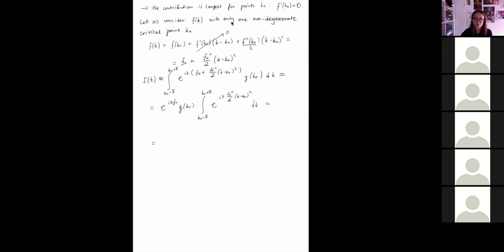extend the limits of integration from k0 minus delta to k0 plus delta to integrating from minus infinity to plus infinity, because the contribution of the tails of this Gaussian is negligible compared to the contribution that its main part gives us. That makes it extremely easy to integrate.